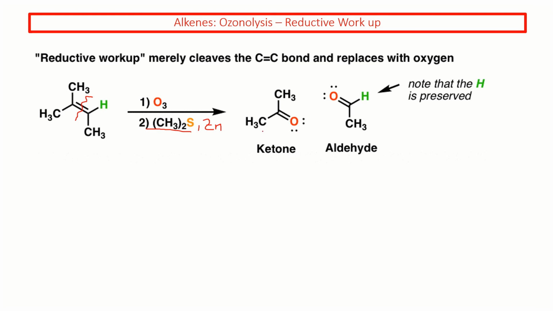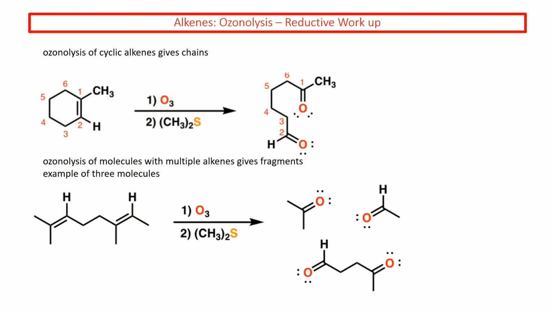Because it's reductive conditions, we end up with ketones and aldehydes. Herein, for example, we have cleavage here, and because the alkene is present in a ring, the resulting molecule has both carbonyls present in it.